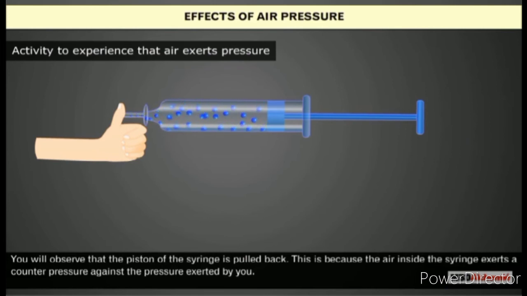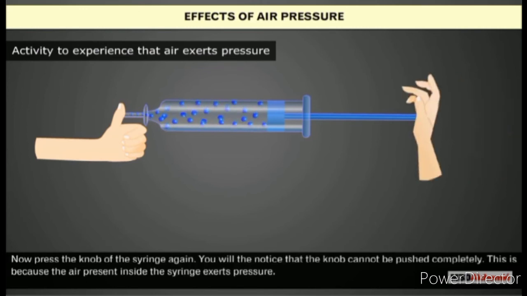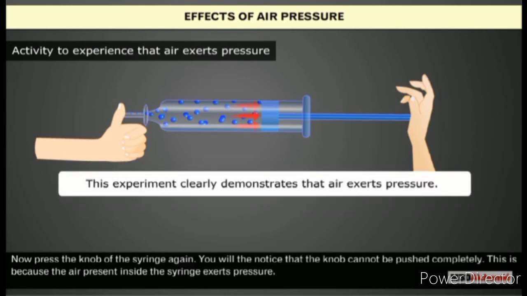This is because the air inside the syringe exerts a counter pressure against the pressure exerted by you. Now press the knob of the syringe again. You will notice that the knob cannot be pushed completely. This is because the air present inside the syringe exerts pressure. This experiment clearly demonstrates that air exerts pressure.